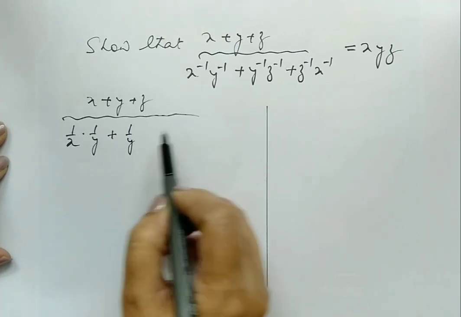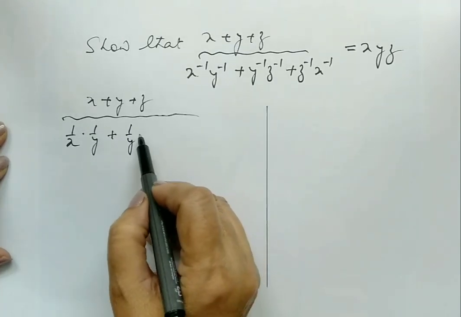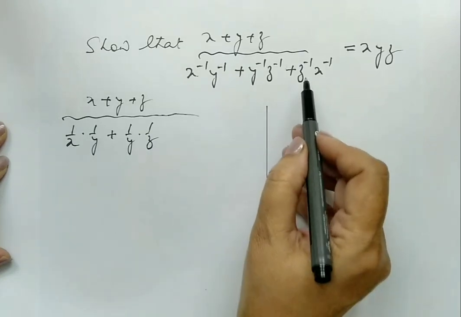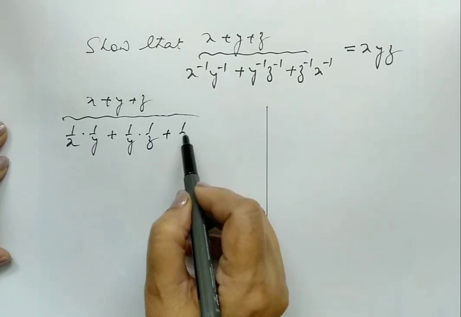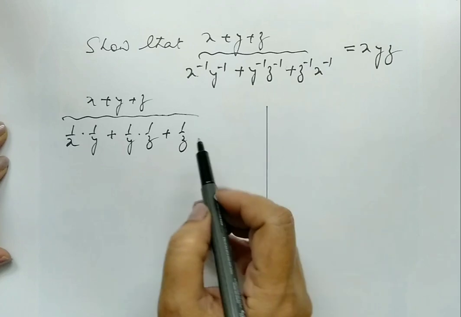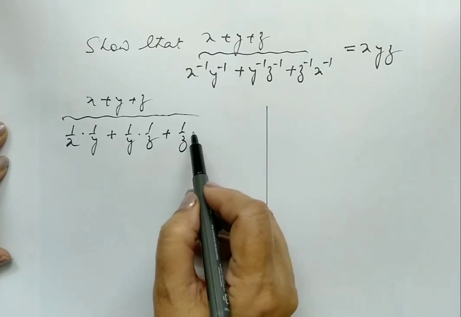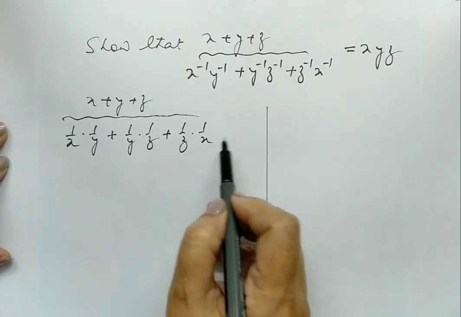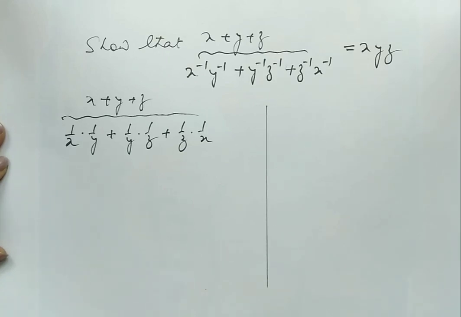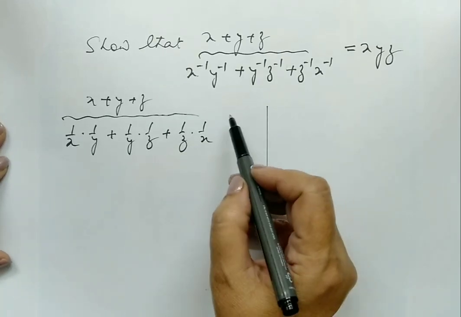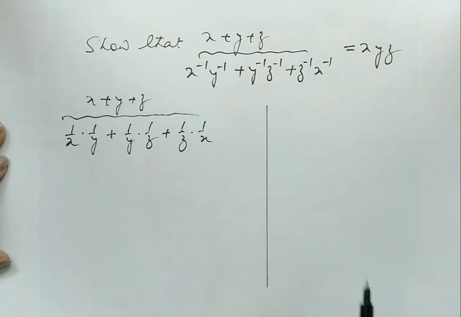So 1 upon y, and for this 1 upon z, and for this 1 upon x. So this we have to prove to be equal to xyz.